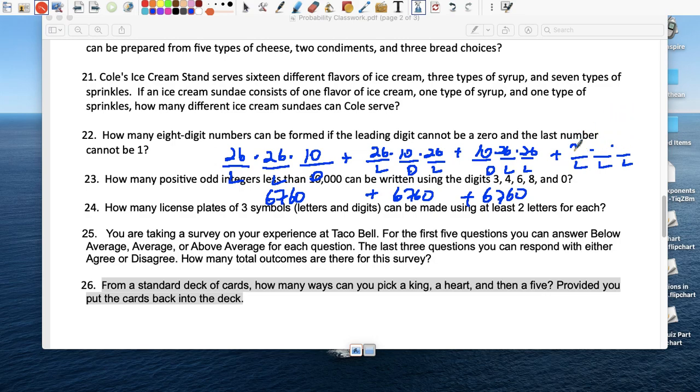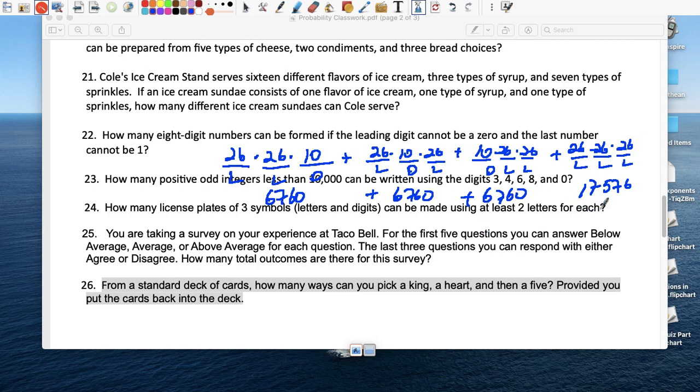So the other scenario would be 26 choices, 26 choices, 26 choices. So you can make a license plate with three letters, and that takes us to 17,576. So the total here is that plus 6,760 plus 6,760 plus 6,760.